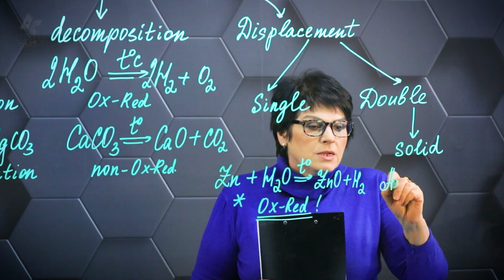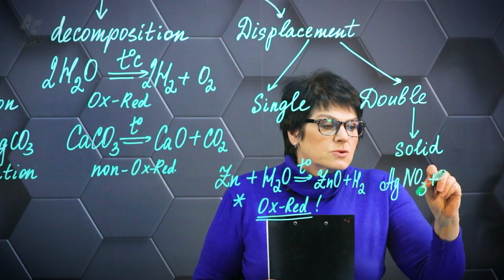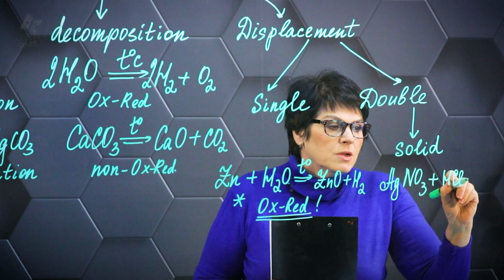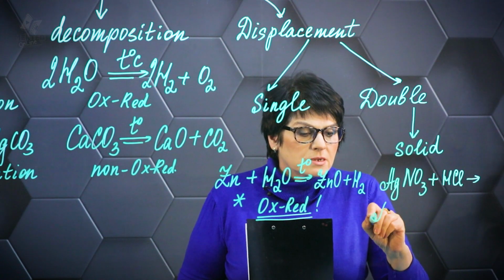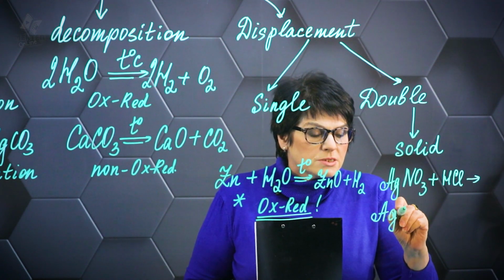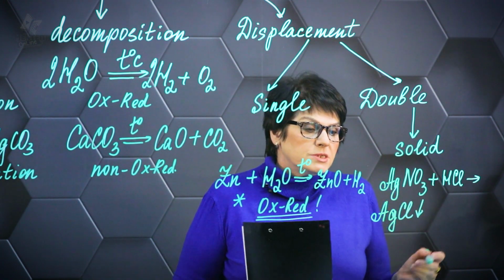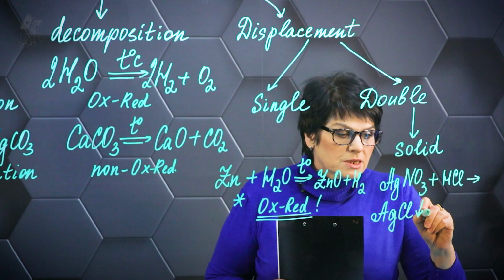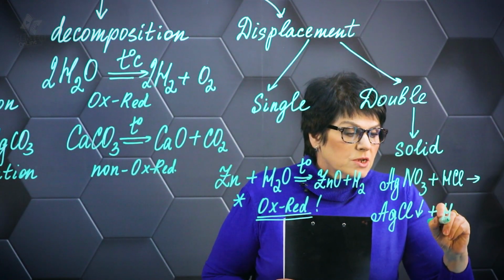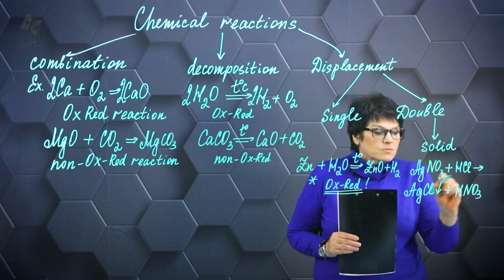Let's say silver nitrate reacts with hydrochloric acid. There is an exchange or double substitution reaction. We get silver chloride. We can show it with a precipitate symbol. And the second will be nitric acid.